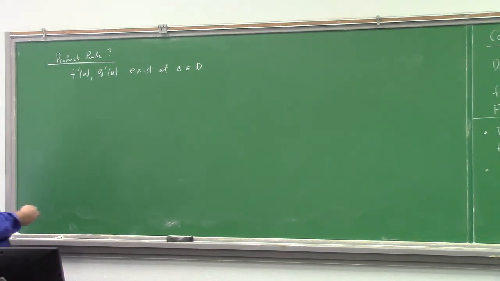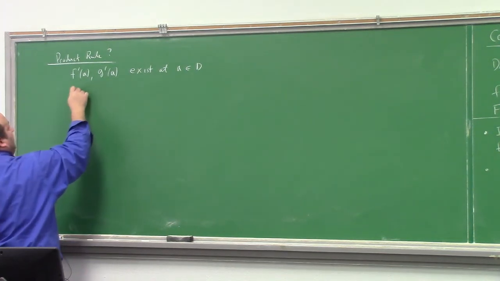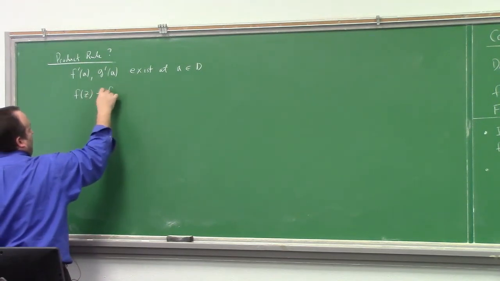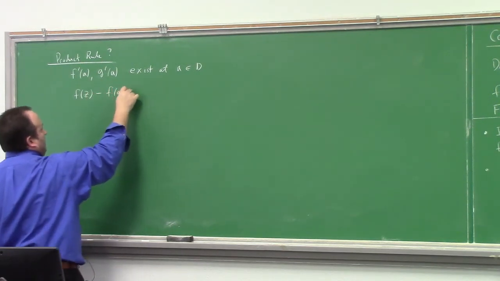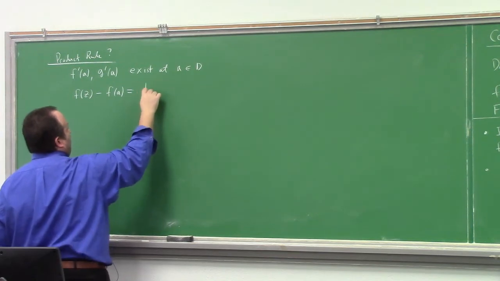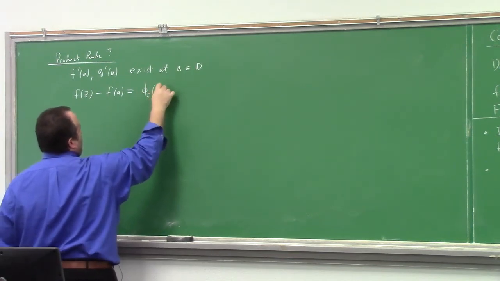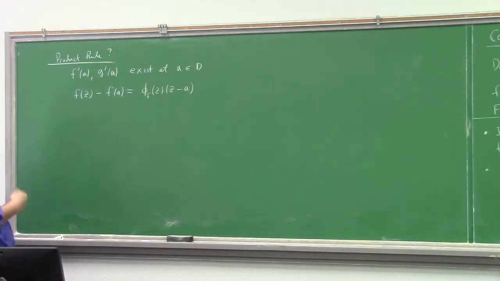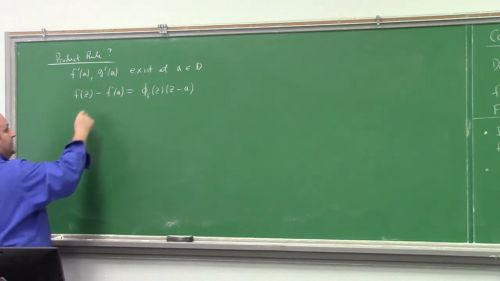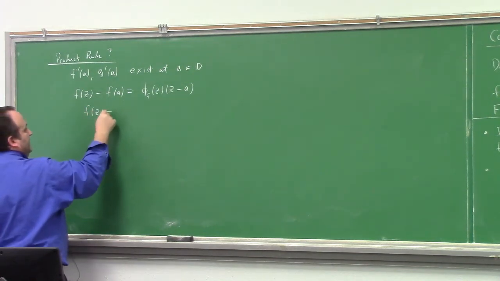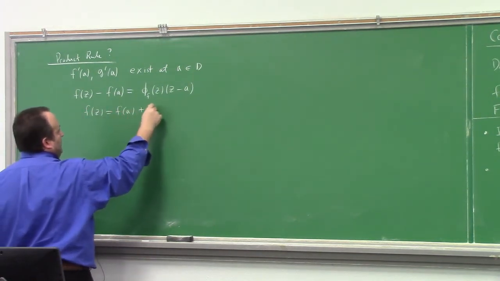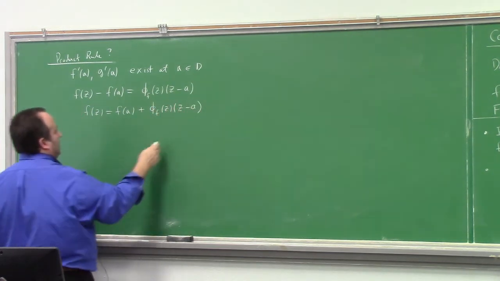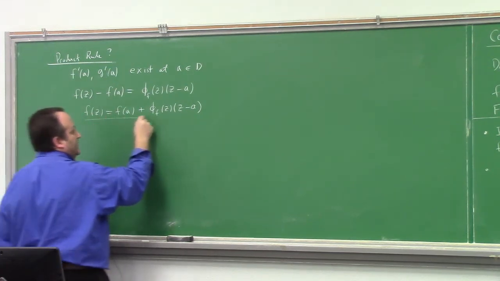Fine. So by Caratheodory, we know that we can write f of z minus f of A equal to some function, which we'll call phi sub f, since it's for f, phi sub f of z times z minus A. But a more convenient way to think of that is that f of z is equal to f of A plus phi f of z times z minus A. This is how I actually use Caratheodory when I'm doing proofs.